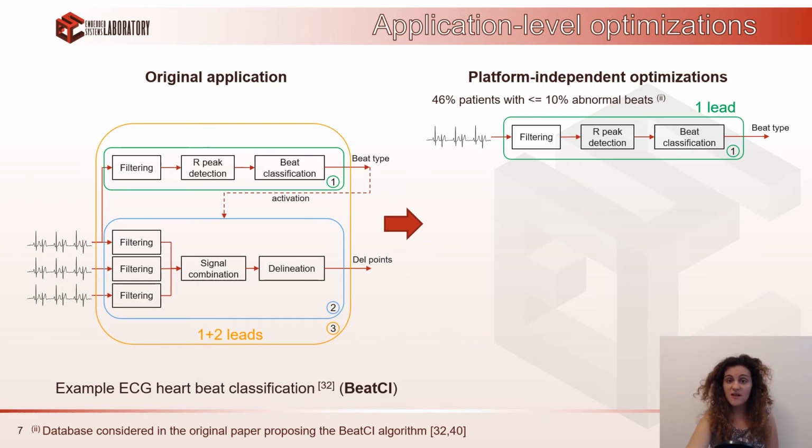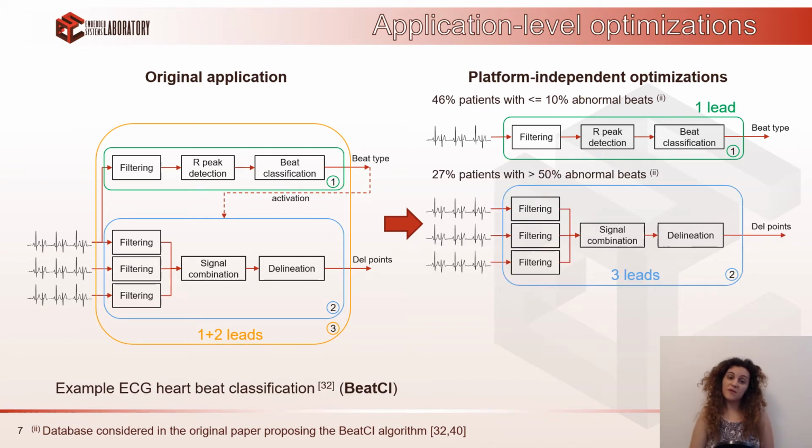So, considering 46% of the patients analyzed have less than 10% of abnormal beats, the first optimization is that the algorithm runs mostly the first stage of the application. But also, if we consider a multi-core platform, we need to consider the 27% of patients with a high occurrence of abnormal beats.